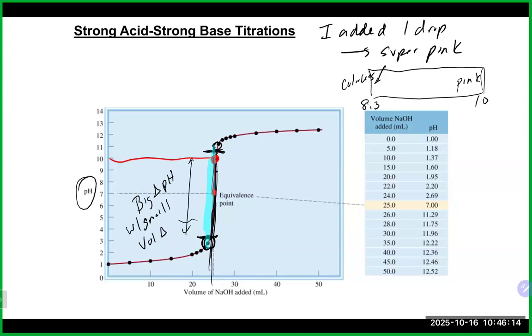No, because if I draw a straight line, I'm going to go right through that thing, right? So if you were really careful about your titrations and you missed it by a drop or two, and your thing went super dark pink, you didn't actually really need to repeat your titration because you probably had pretty much the same volume that you would need for the equivalence point, unless your teacher was upset with you and maybe wanted you to redo it.